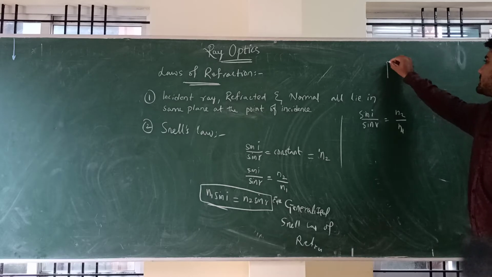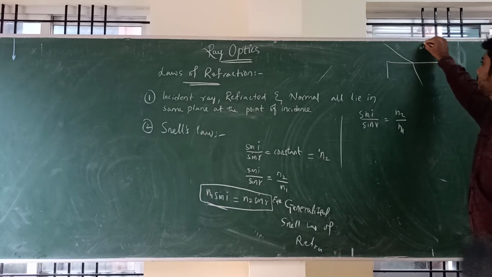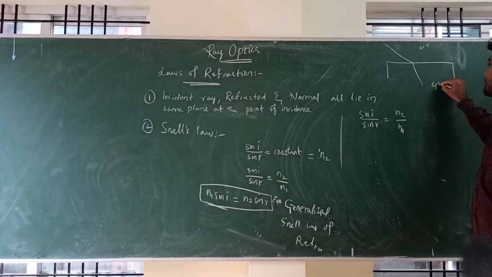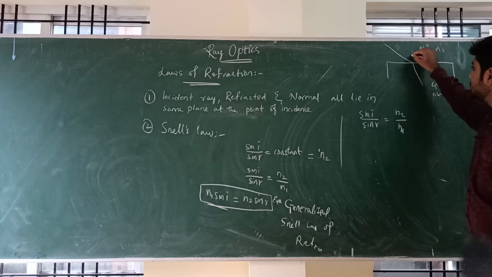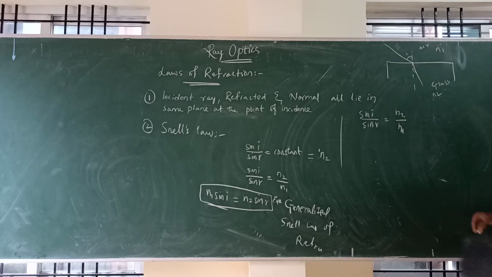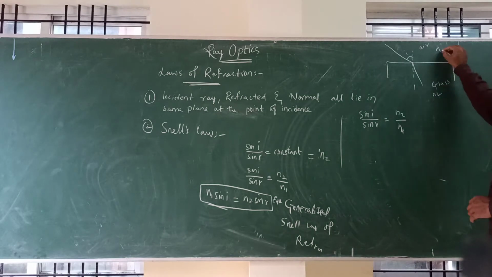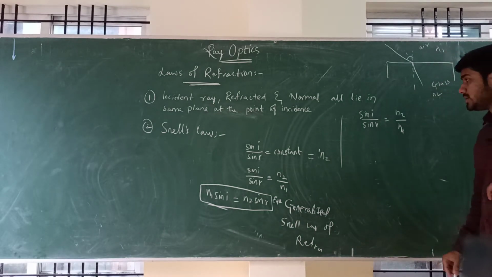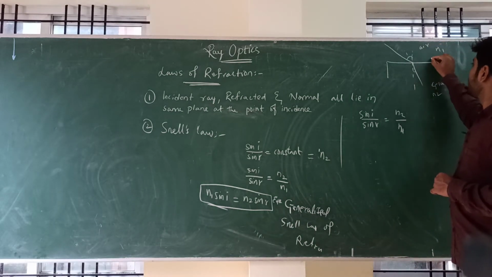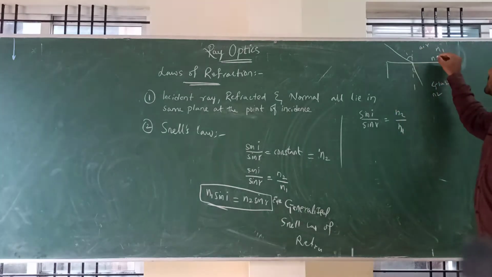Suppose the light is traveling from air to glass. Okay, this is air, this is glass, so this is n1 and this is n2. This is the normal, this is the angle of refraction and this is the angle of incidence. Here the ray is traveling from air to glass, and the refractive index of air is 1, so n1 is equal to 1.